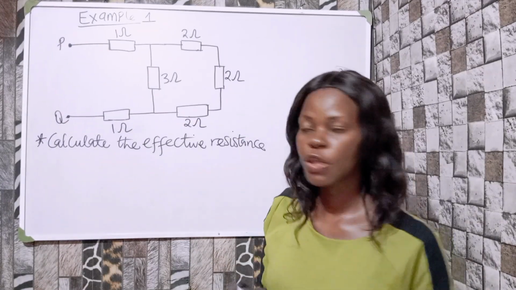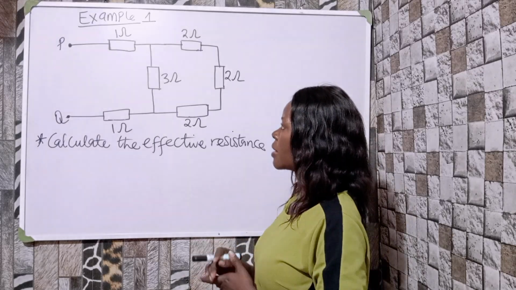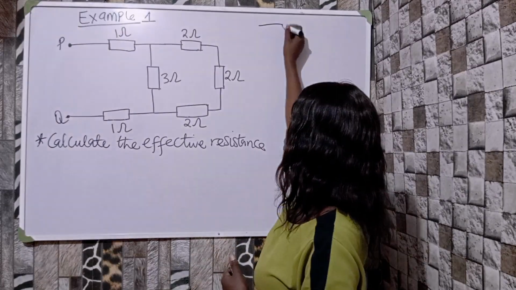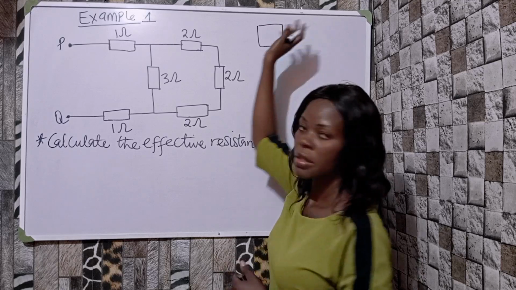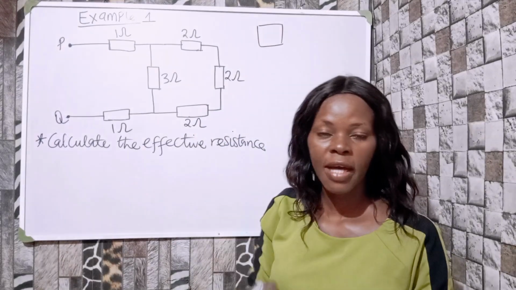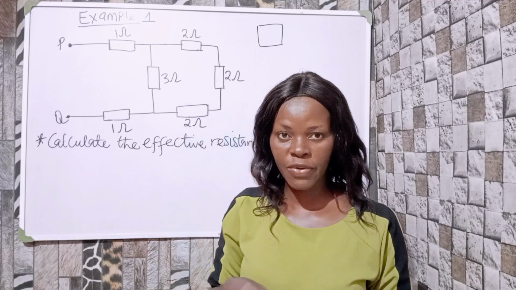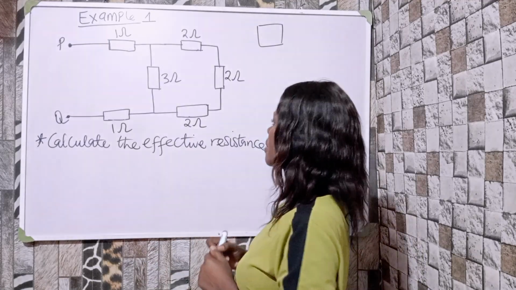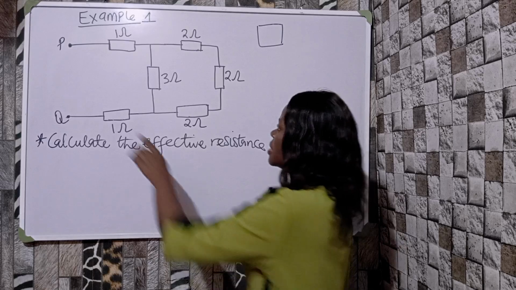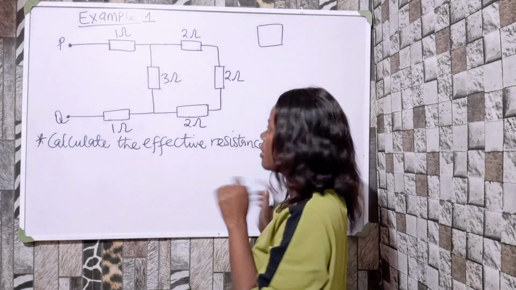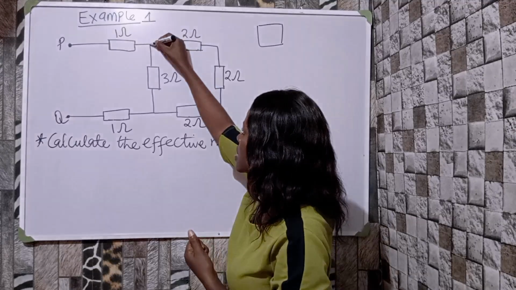How can we solve such a problem? If you look at this diagram, anything that is in a loop or in a circle is connected in series because the same current flows. So when you look at this diagram, you find out that this is connected in a loop, but here we have an attachment.